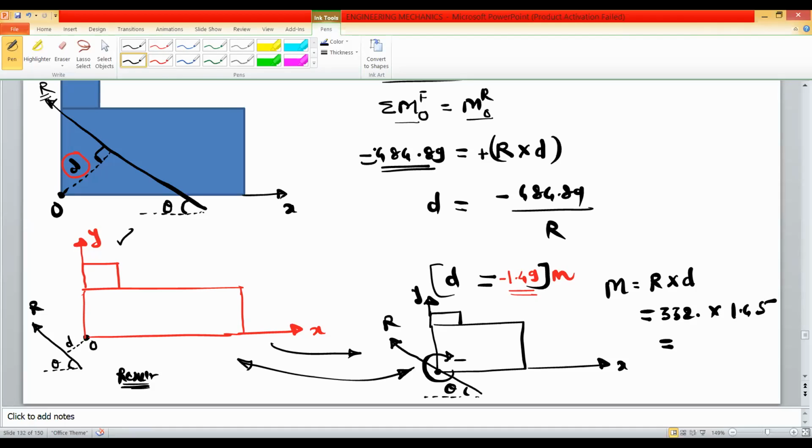And this negative sign indicates that this moment will be clockwise. So it is minus 484.89, and this is equal to 484.89 Newton meter, and the direction will be clockwise. So this is the answer for the second question: single force and couple at the point O.